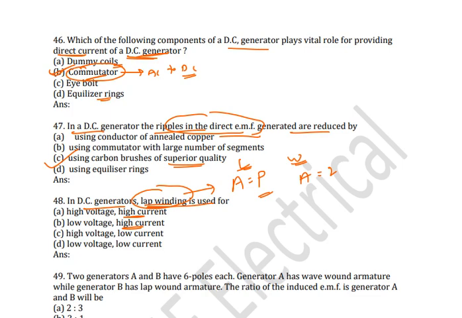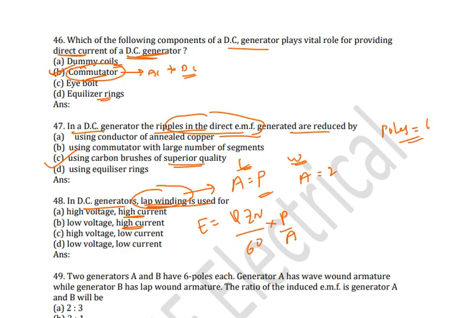We know the EMF generated formula for a DC generator is E equals pi Zn by 60 into P by A. For example, consider 6 poles.